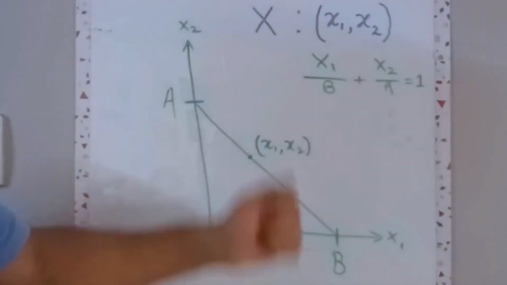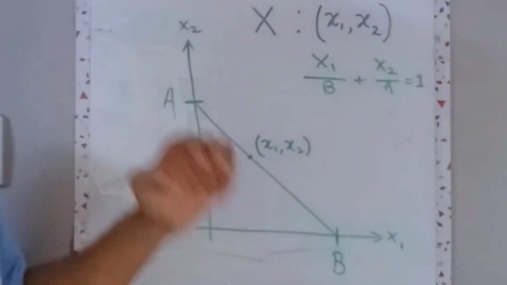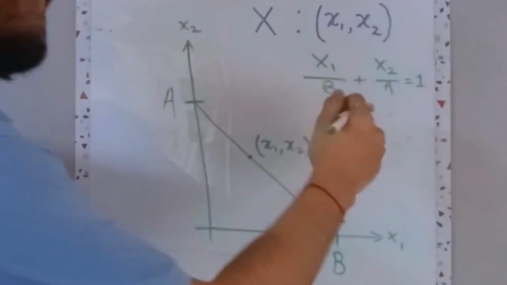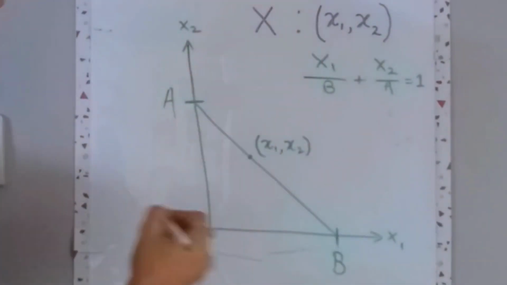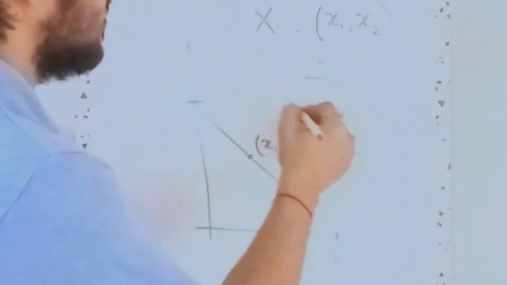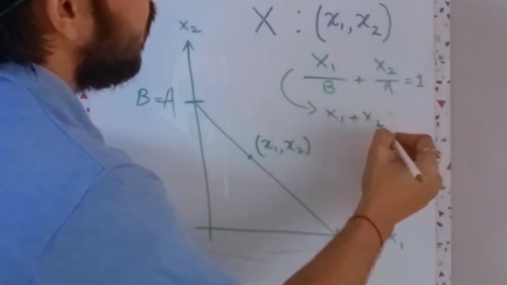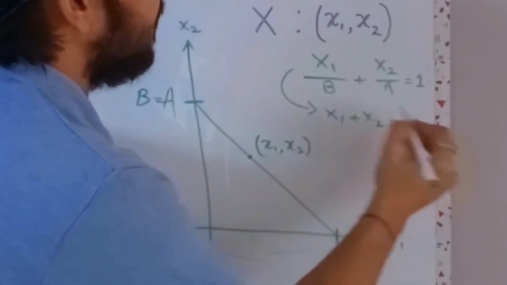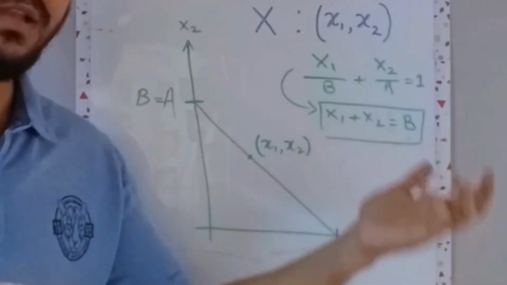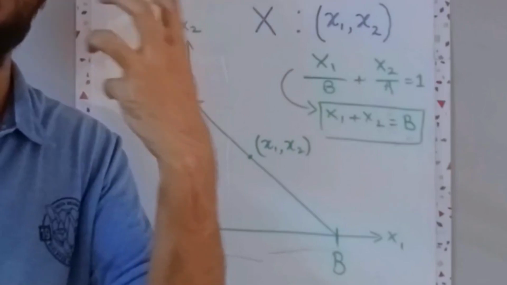So if this is my indifference curve for perfect substitutes, what does this mean? Let's say I also give you one other condition, that A is equal to B. In that case you can simplify this as x1 plus x2 equal to B, which means that the sum of the two goods in the bundle must be equal to B. What does this mean in terms of substitutes?